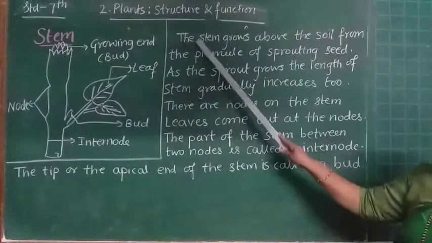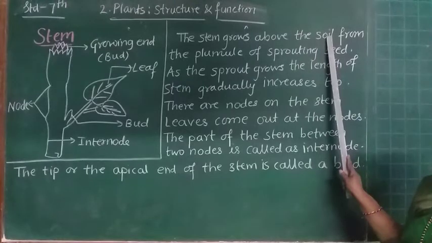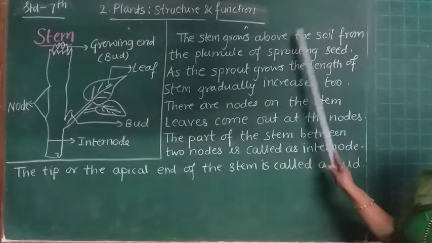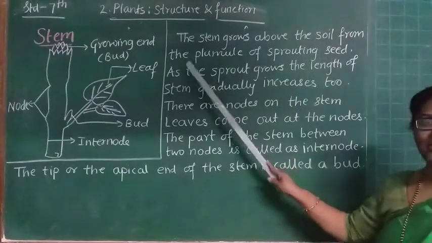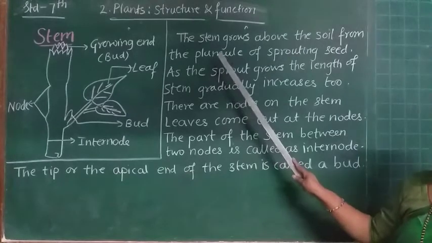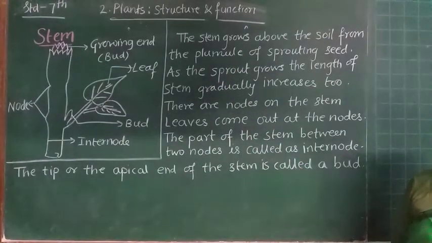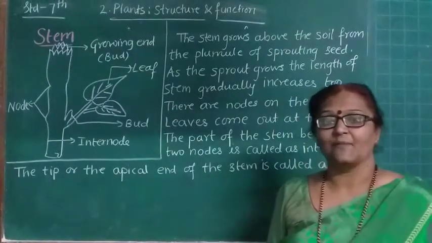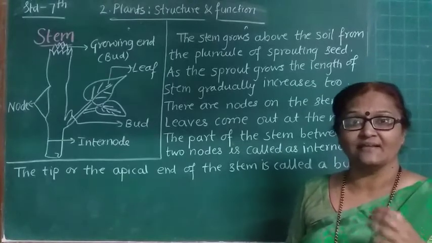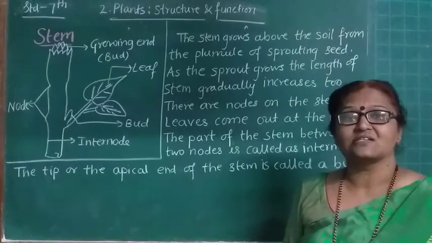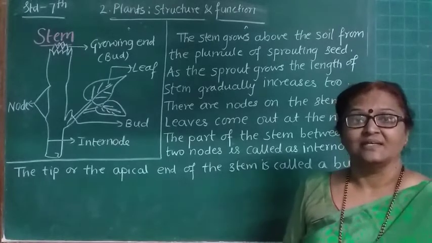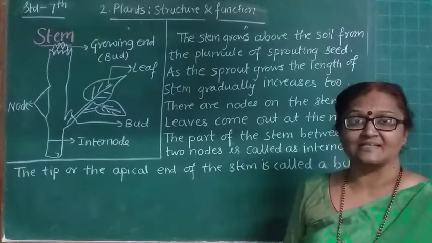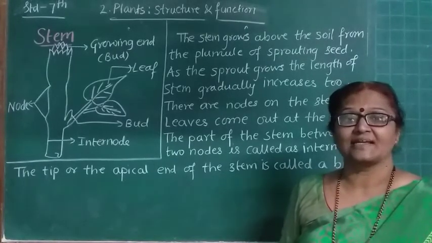Now see here, the stem grows above the soil. What does this tell us? That the stem is a part of a plant which grows above the soil. From the plumule, now we have seen how we can get the radical and plumule. When we sow the seeds of any plant, what happens? If we soak it in water and keep it in a jar with crumpled paper for 2 to 3 days, parts arise from those seeds.